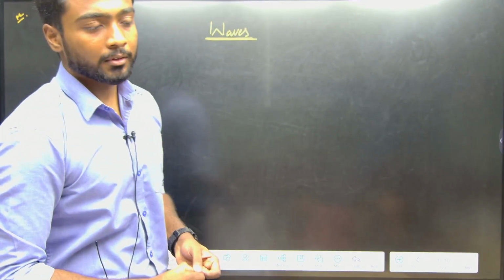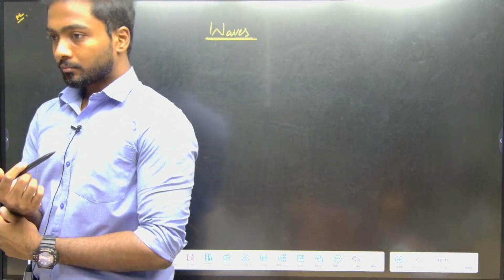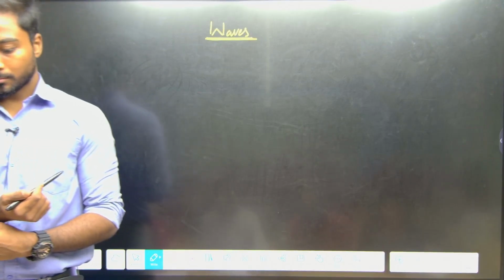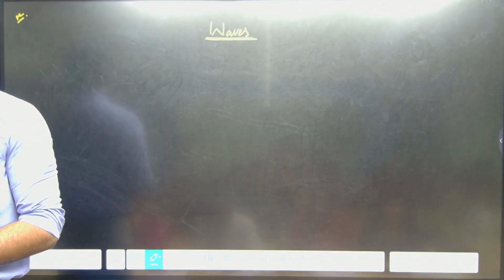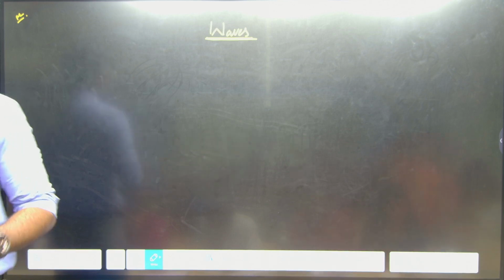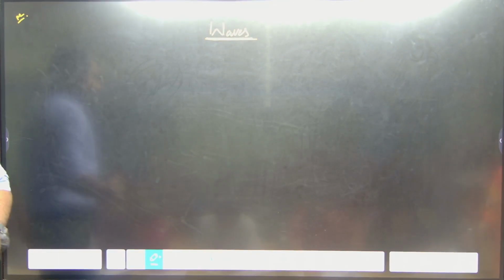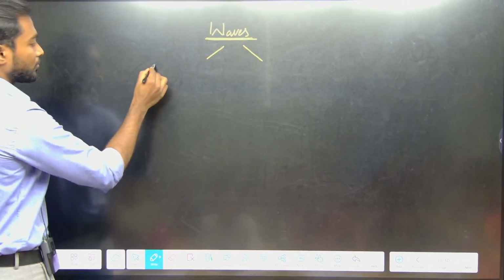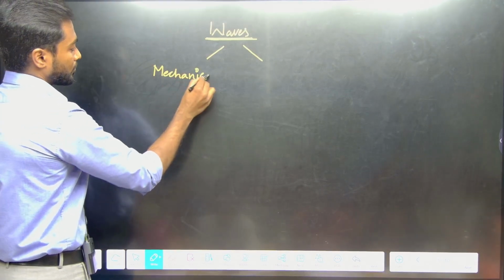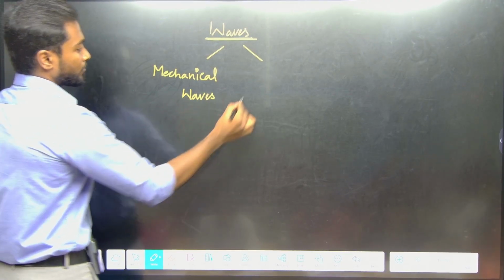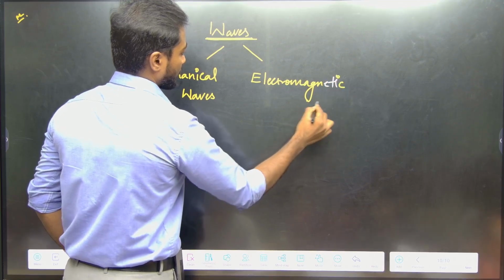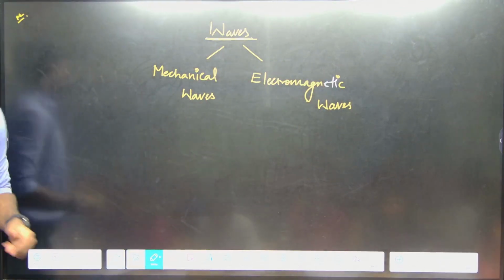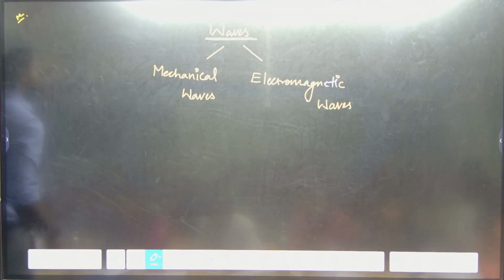Write down next topic, waves. Under waves we have two types, one is mechanical waves and one is electromagnetic waves.